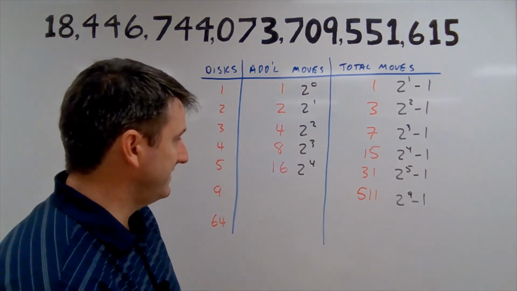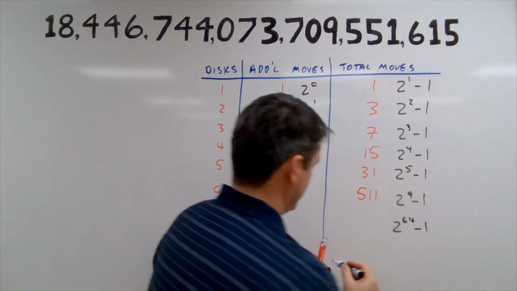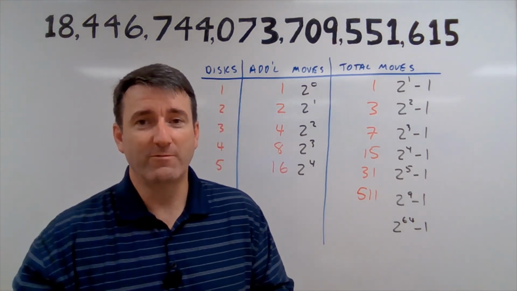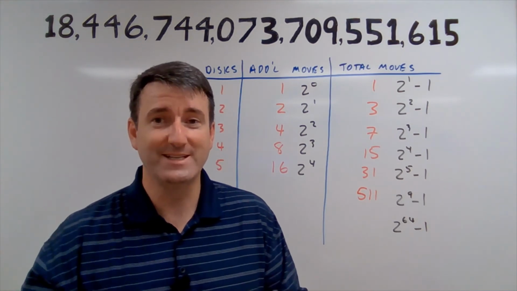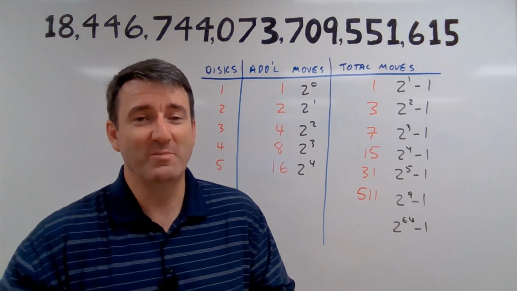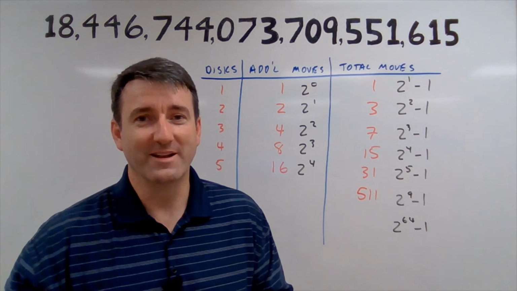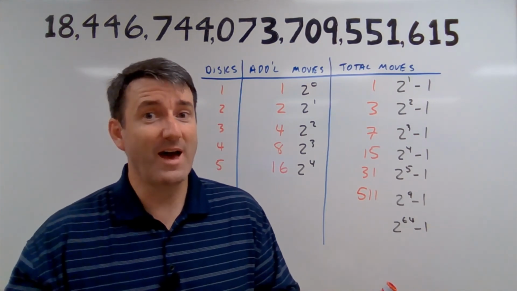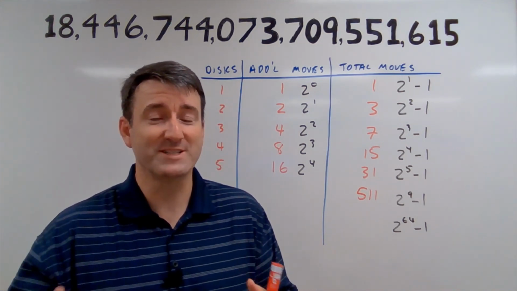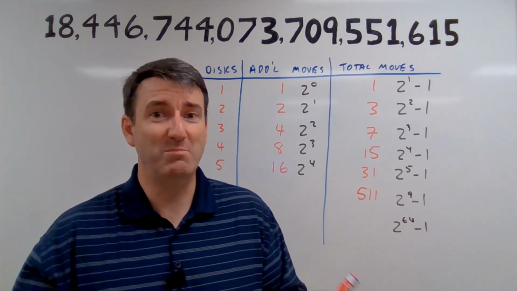Of course, for 64 disks, that's going to take us 2 to the 64th minus 1, which we know is 18 quintillion 446 quadrillion 744 trillion 73 billion 709,551,615 moves. So we've got a while. Even if the temple priests are moving those disks at a rate of 1 per second, that's still going to take them over 584 billion years.